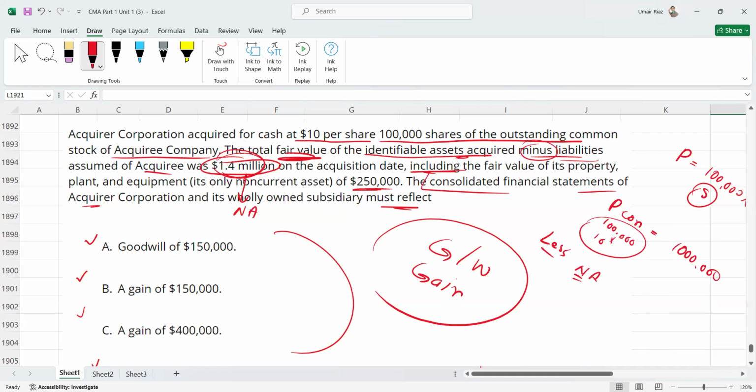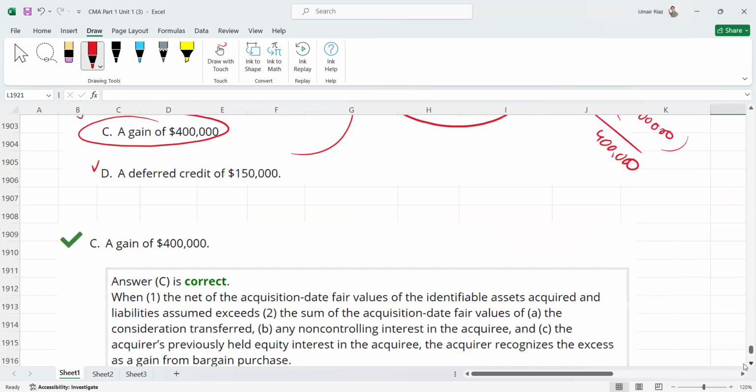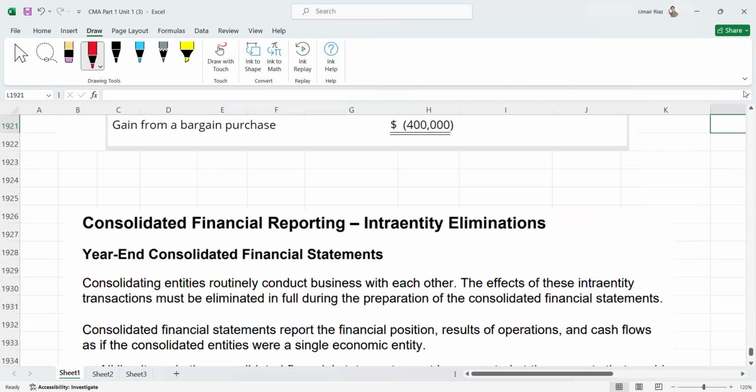Net assets are 1.4 million, already given at fair value. If you deduct, you get a negative answer of 400,000. This 400,000 is going to be your gain from bargain purchase. So it's a gain of 400,000, and this option is correct. Okay, guys, thank you so much. See you in the next video. Thank you so much. Bye bye.